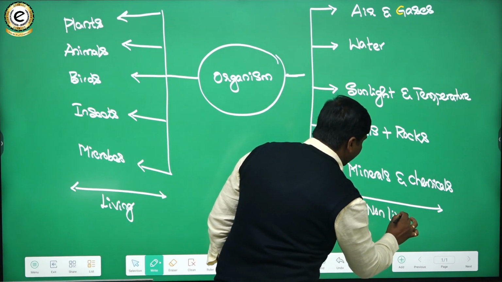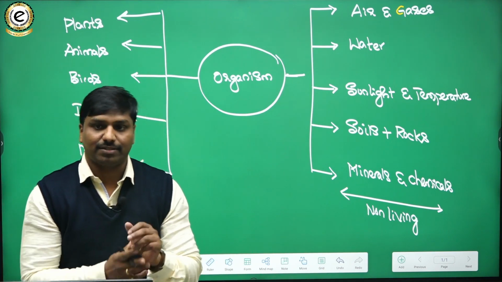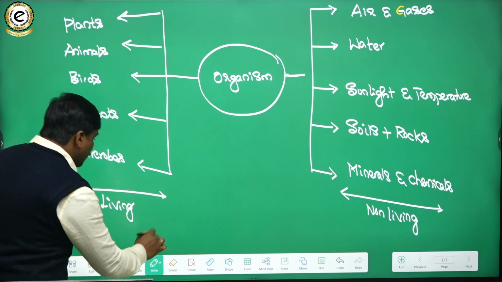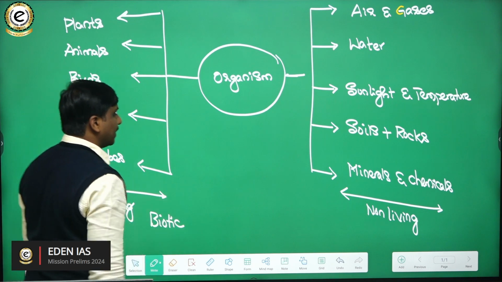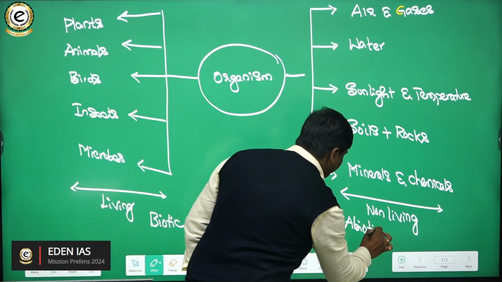All the living things are regarded as the biotic components, and the non-living ones are the abiotic components.